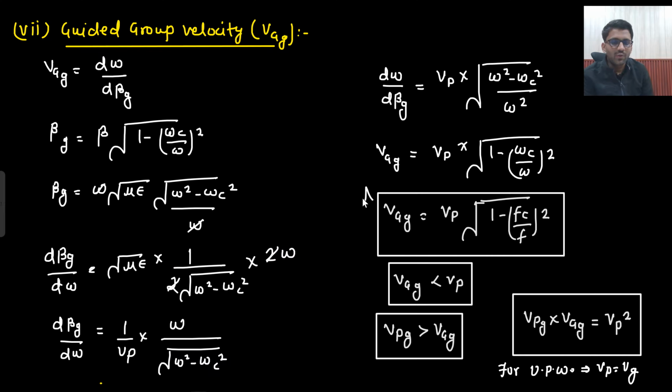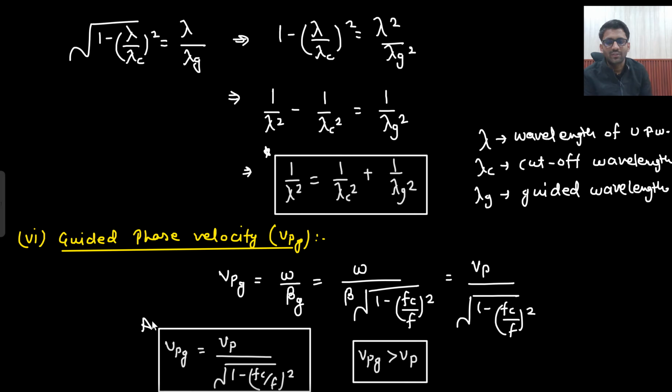Eventually you need to remember this formula and this formula. How can you remember them? For the whole chapter we were studying phase velocity. So certainly phase velocity has to be greater than group velocity because we were studying it a lot. If something is greater, that's why we are studying it, no? And if it is greater, that means this factor has to come downward because it is less than 1.